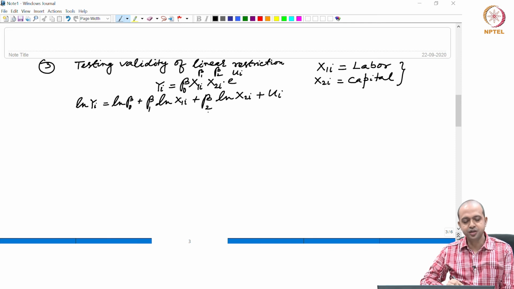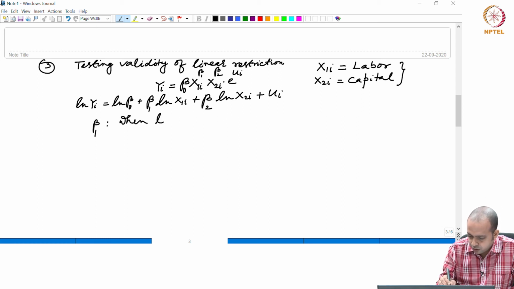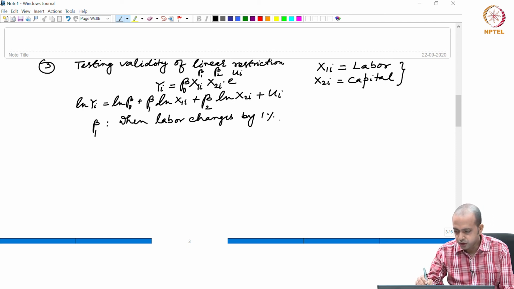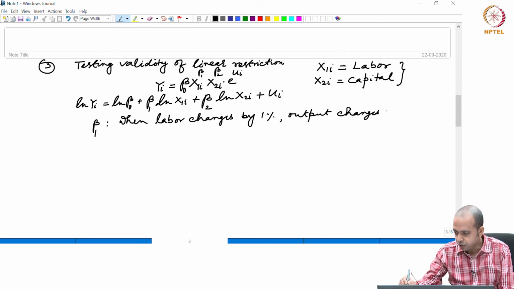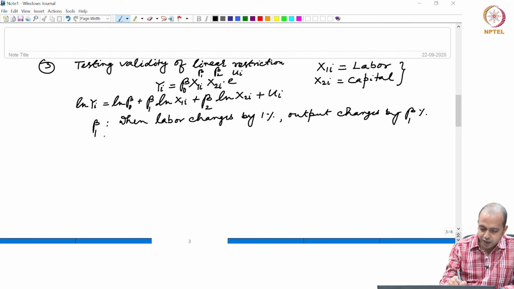So I can interpret beta 1 as: when labor changes by 1%, output changes by beta 1%, direct elasticity measure.